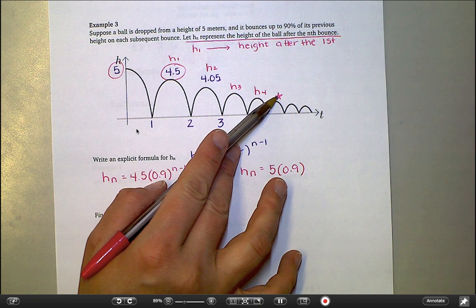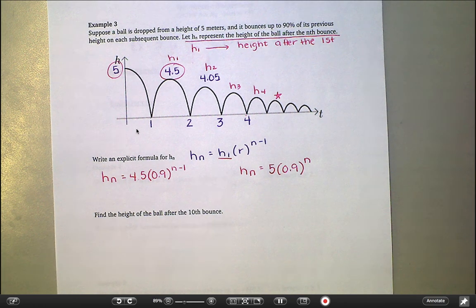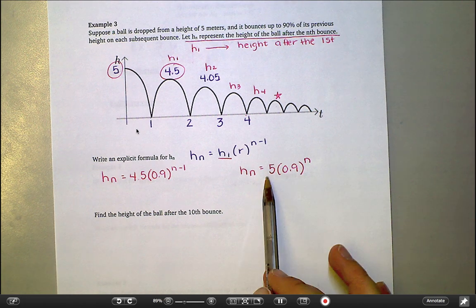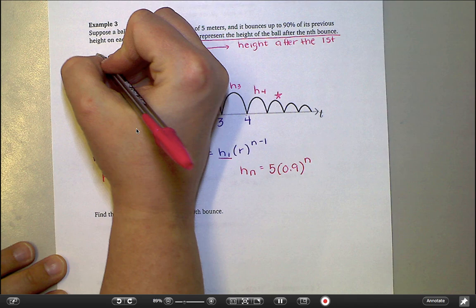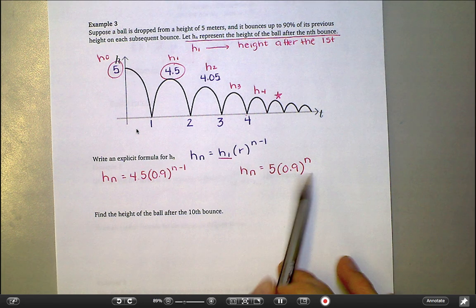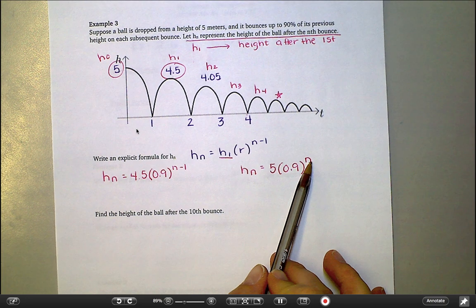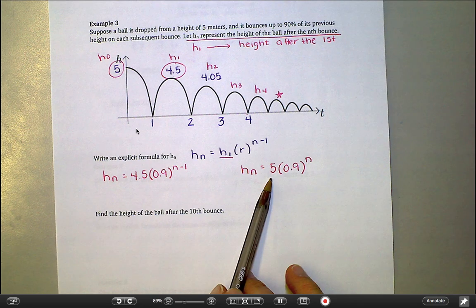So it's no longer n minus 1. Now it's just n. Okay? So you can use term 0. By the way, I don't think I marked that, but that's what we would call this thing, is we would call this term 0. Okay? We can use term 0, but then our exponent doesn't have a minus 1 on it anymore. It just has an n. Okay? Both of these will work for you.